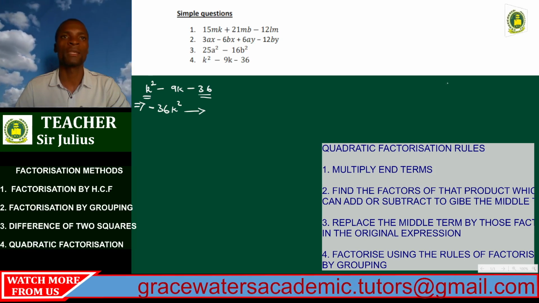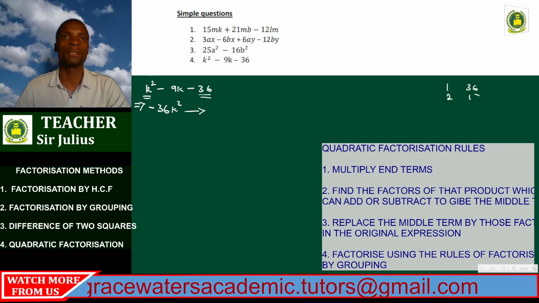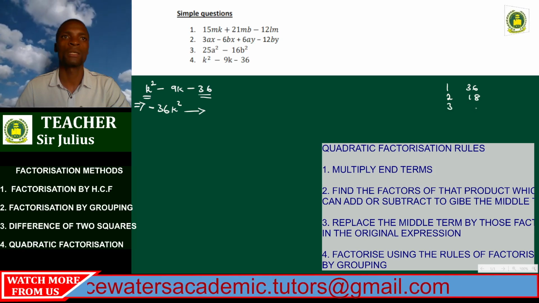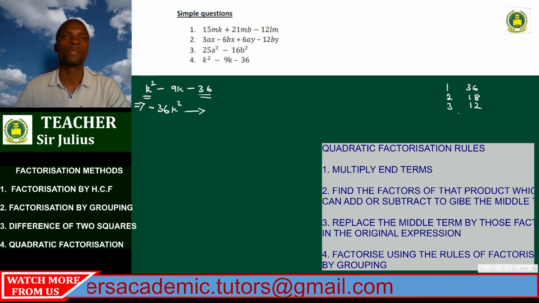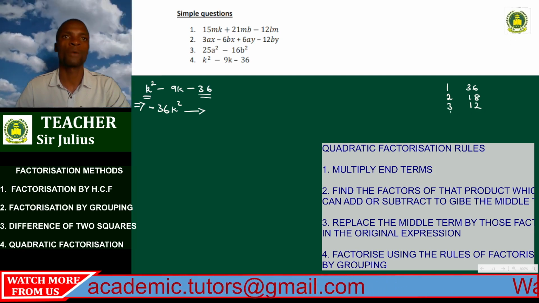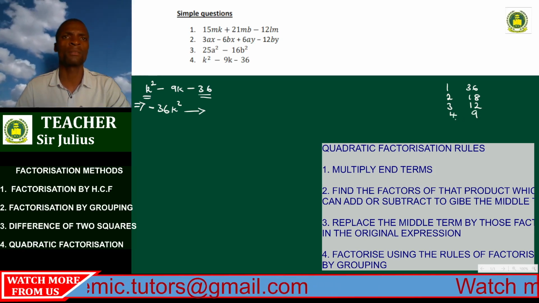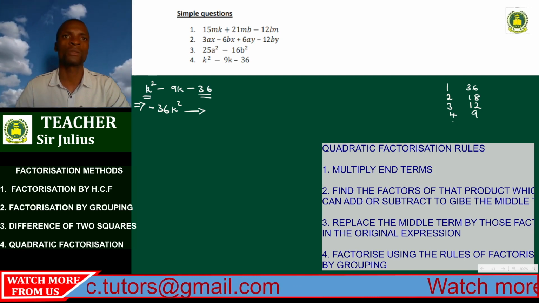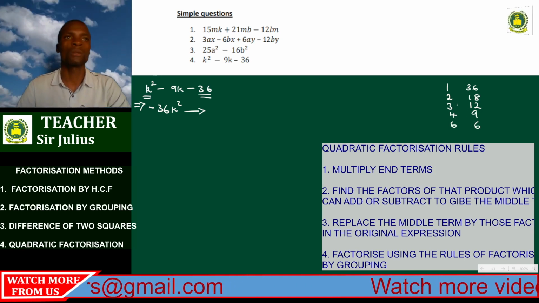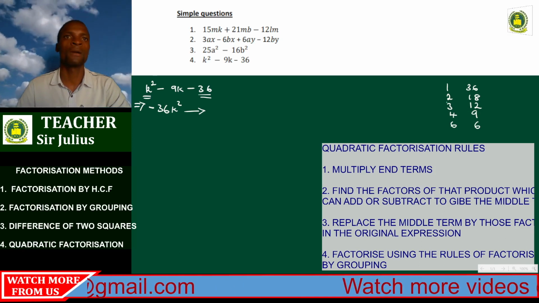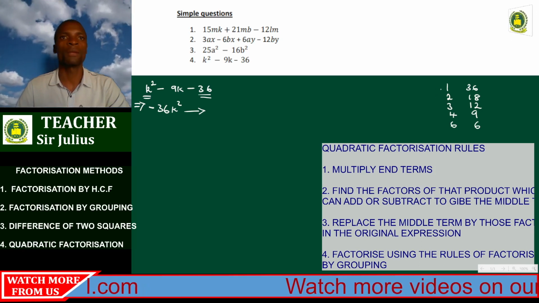You try 1 and 36, you try 2 and 18, you try 3 and 12, you try again 4 and 9, and then is there any other factor? There is also 6 and 6. So this is what you do. Now let us look at these factors and see how they are going to give us the middle term, which is 9. That one is easy.